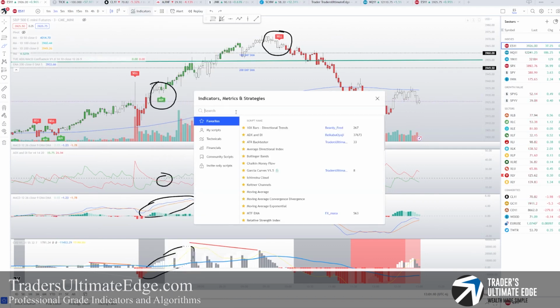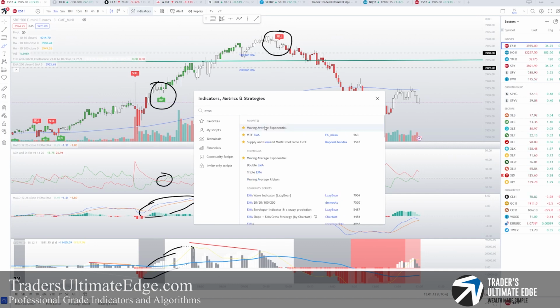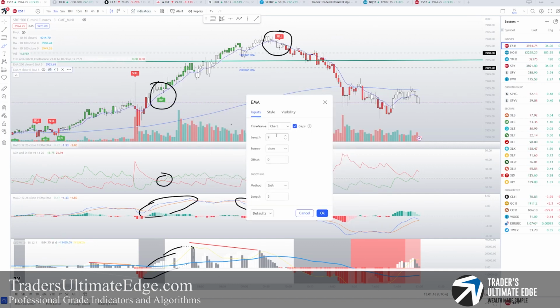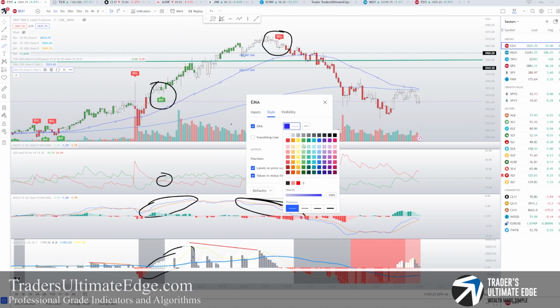Oh, for example, we'll toss another one on here. And we'll do just, say, a 50, probably fine. Style, let's change the color so we can see it a little better. We'll go black.